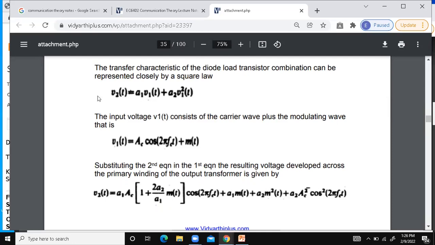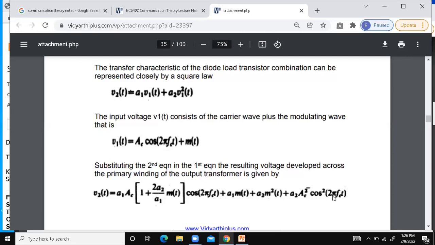So you square this, right? Put it in here. So the first term here, which will be AC square cos square that, you have it here. All right.